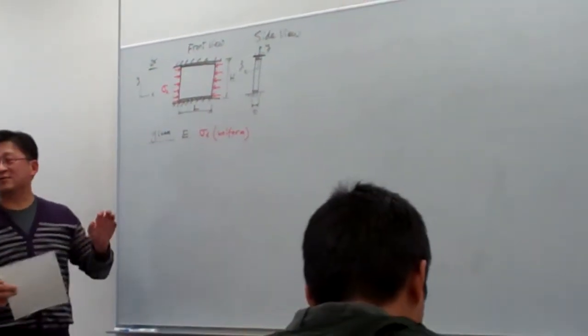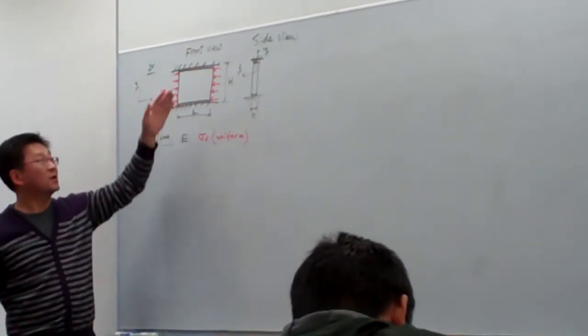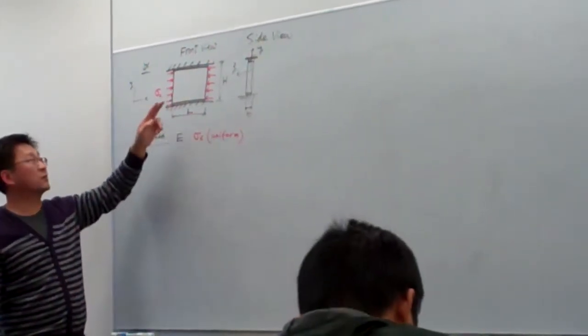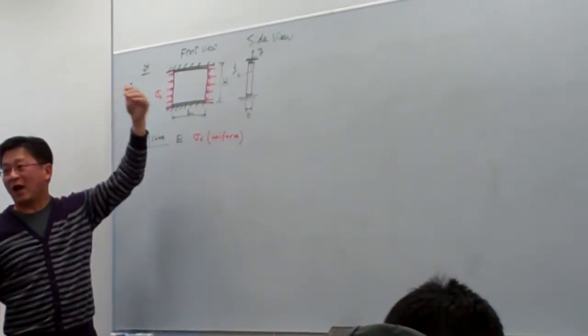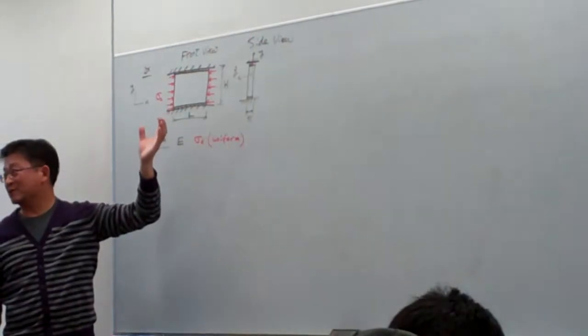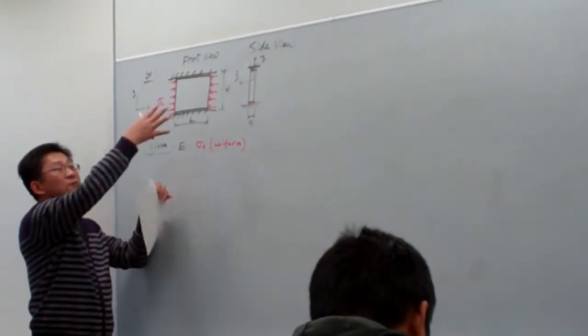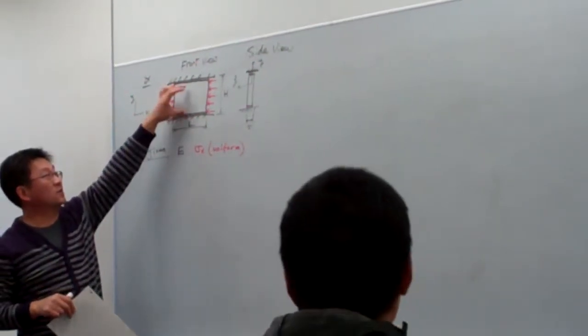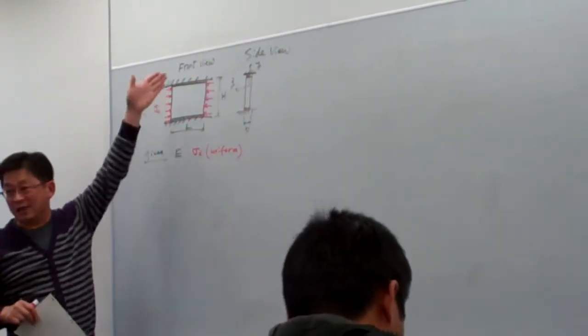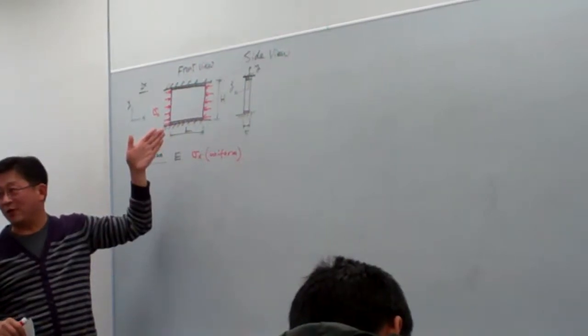What you can imagine is this. This material by itself will try to expand in the other two directions. Which directions? In the z direction, but also out of the board direction. Out of the board direction, there's no constraint, so this material is free to expand out of the board. However, this material has been constrained in this z direction. So what happened?